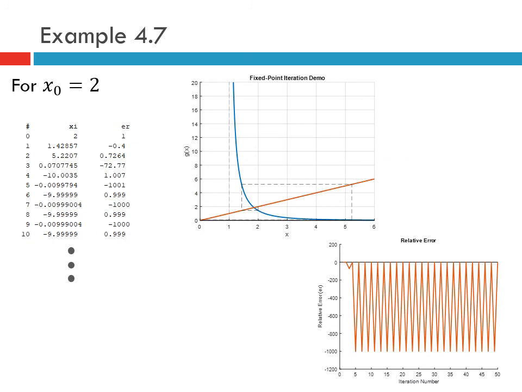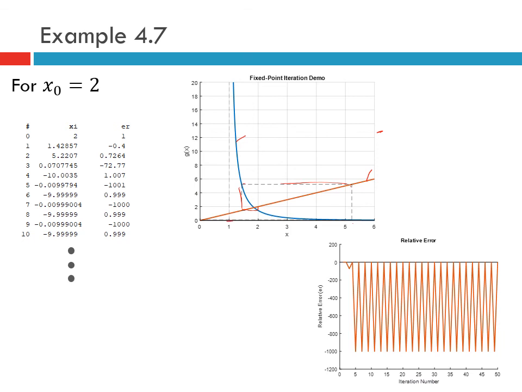This is the result for x naught equal to 2. In this plot we're showing g of x and y equals x, and you can see how the iterations proceeded and how it very quickly diverges.